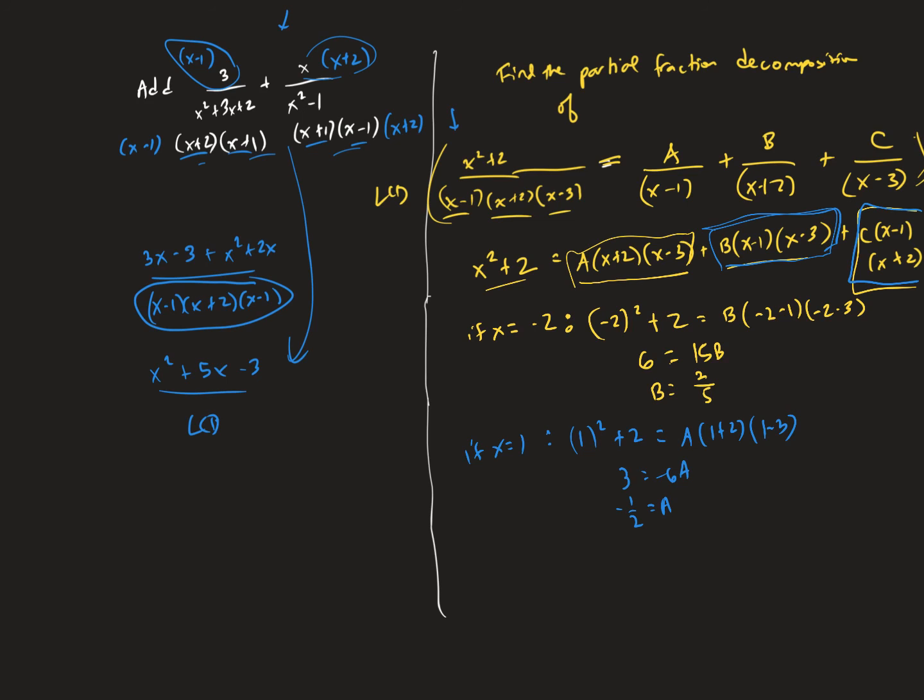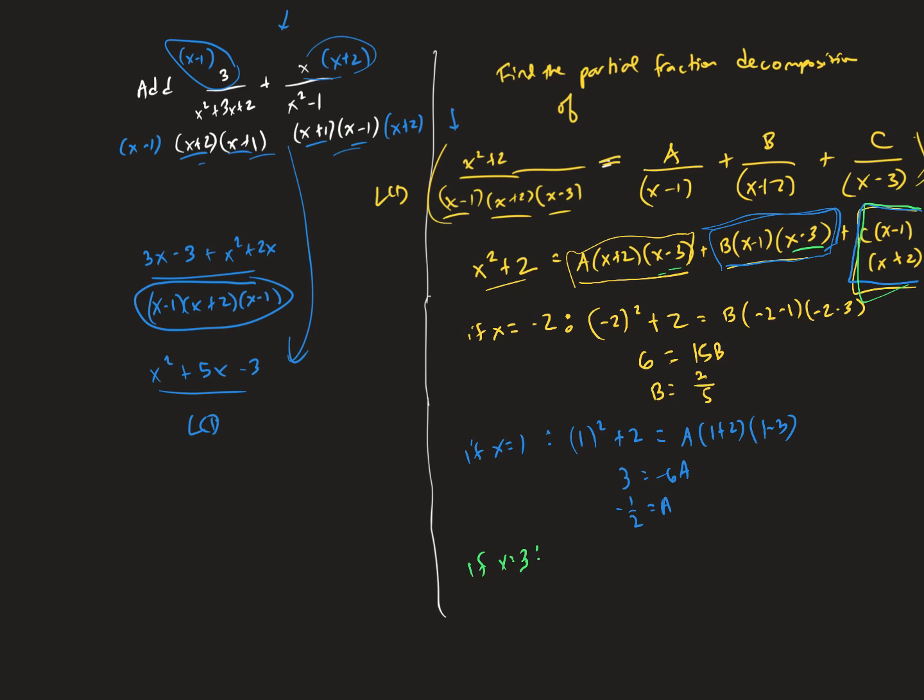And we're going to do the same thing by looking at the c term. Now notice, we've already let x equal 1, and we let x equal negative 2, and that found us a and b, right? So what we need is a number that will make a and b go away, and you see, they share the x minus 3 factor. So I'm going to let x equal 3.